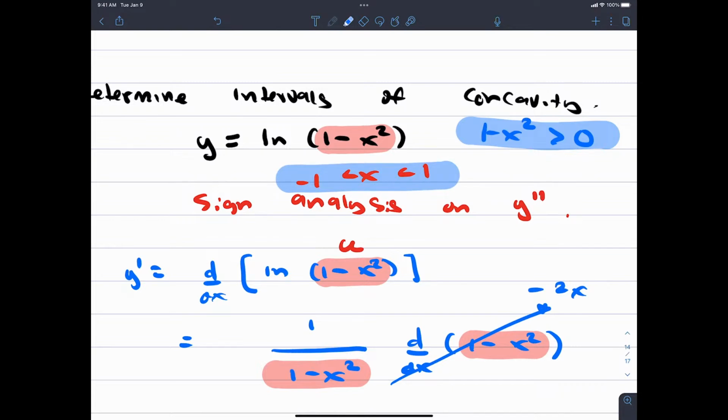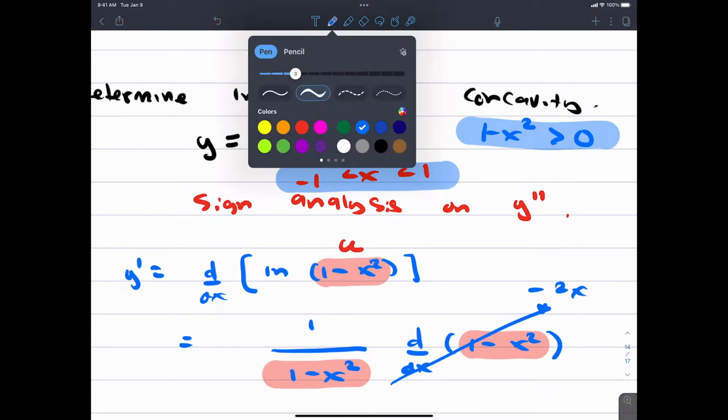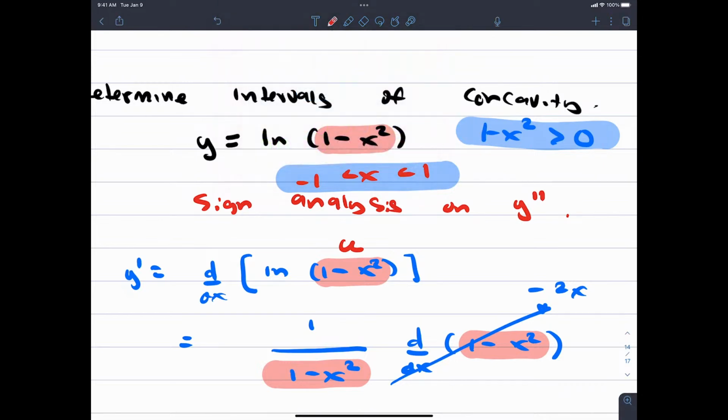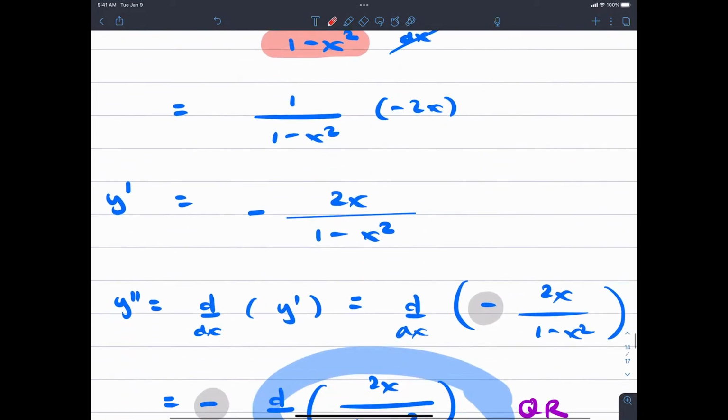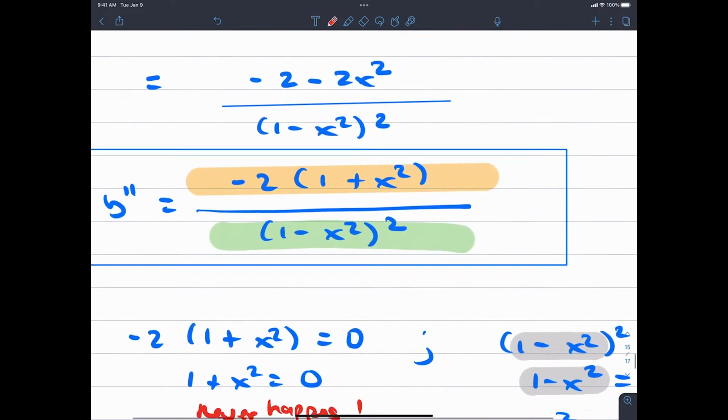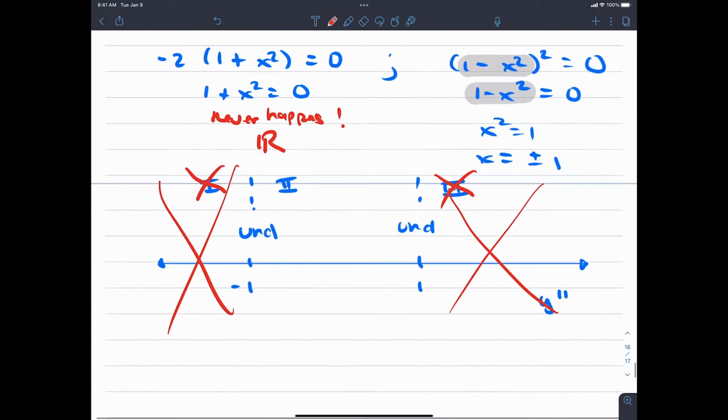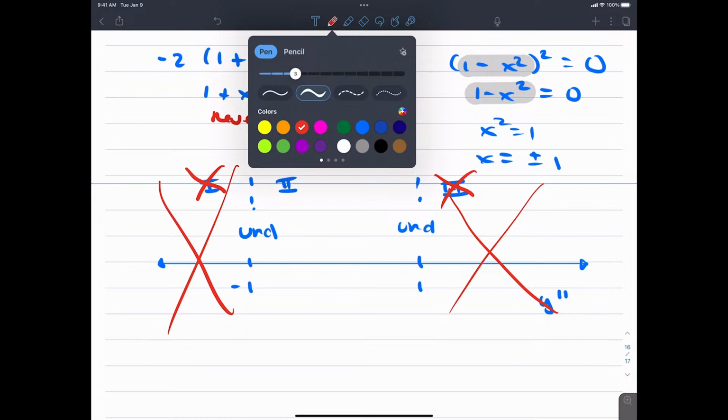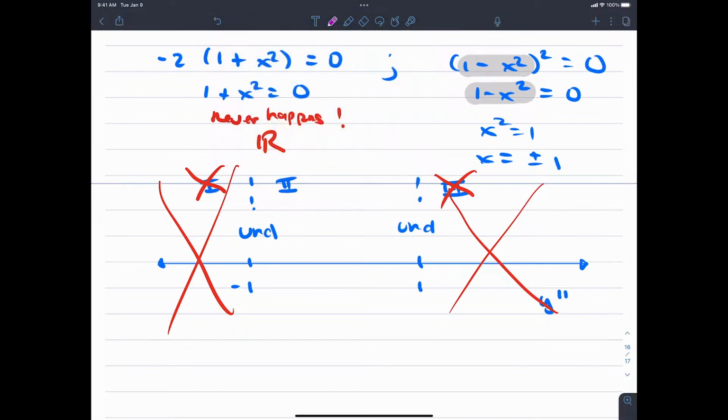So my point is, you're going to have to do sign analysis here, and you want that portion to be positive. Now when you test this, very easily, you can say, I'm going to use 0 as a test point. Whenever 0 is available, ladies and gentlemen, use 0.